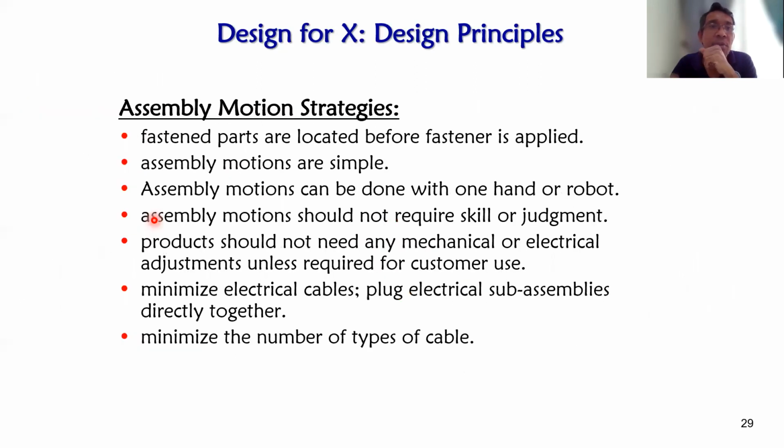And then you also have assembly motion strategies. So fastened parts are located before the fastener is applied. So assembly motions are simple. Assembly motion can be done with one hand or a robot. So that is all assembly motion strategy you can read here.